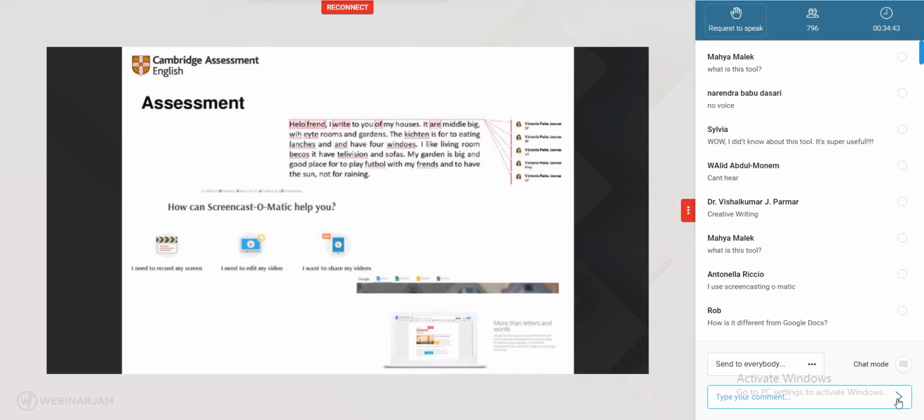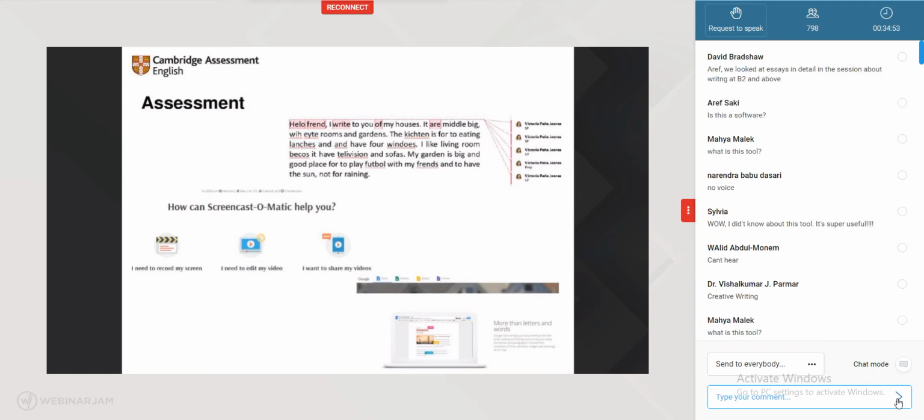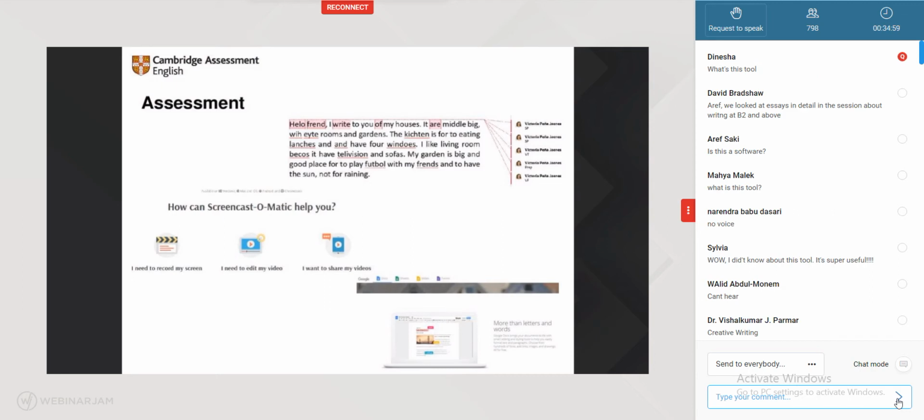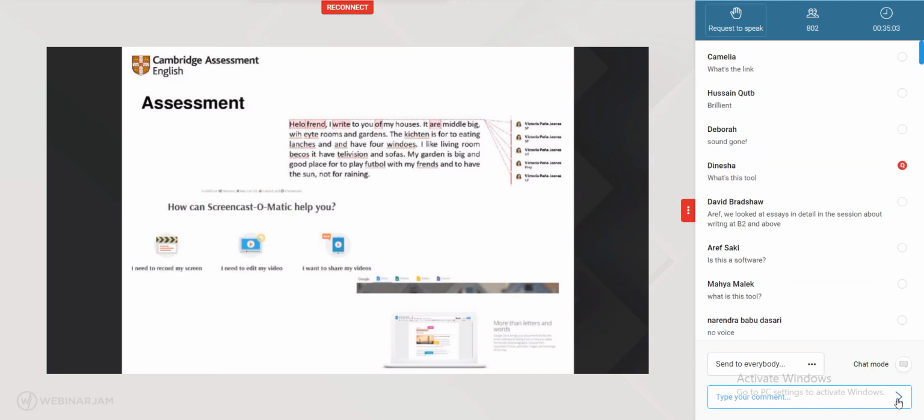I've heard good things from a lot of teachers about using this. If none of you have seen this before, or have you got more to say, Victoria? Sorry, I was just going to mention Google Docs, like any tools to share documents, because the disadvantage of using a Word document is that you have to then send it by email.